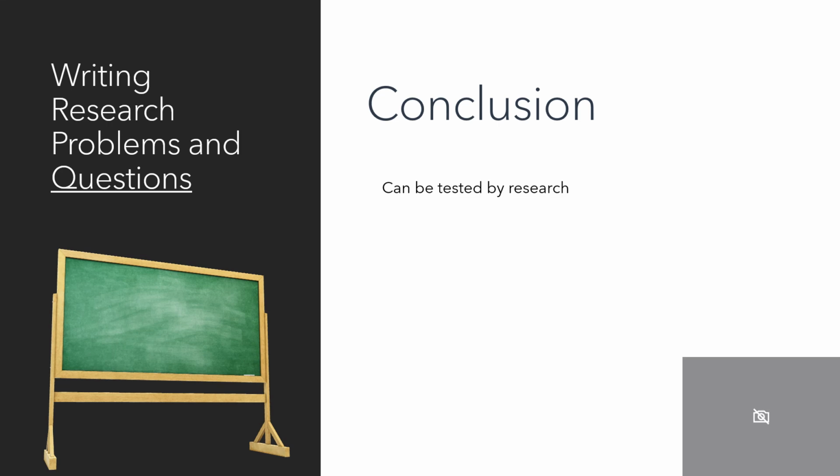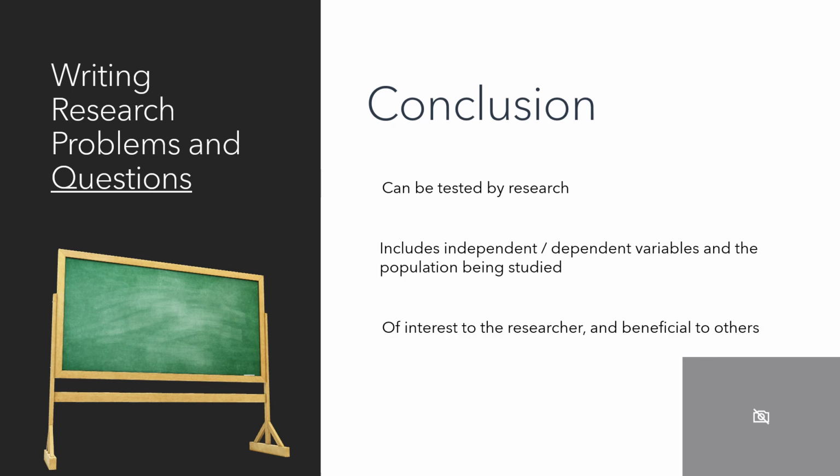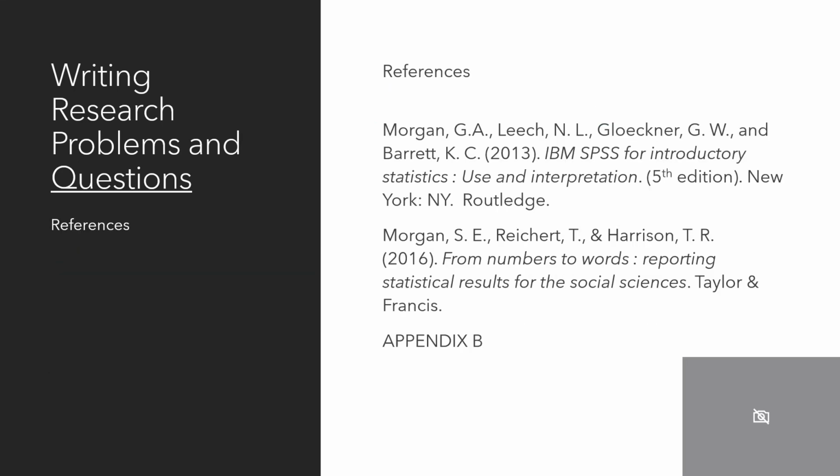The hypothesis must be able to be tested by the associated research, and it should include the independent and dependent variables and population, and if it is a descriptive question, the variable being studied and the population. Ultimately, at the heart of all good research is a question that is of interest to you and that will interest and hopefully be of benefit to others.